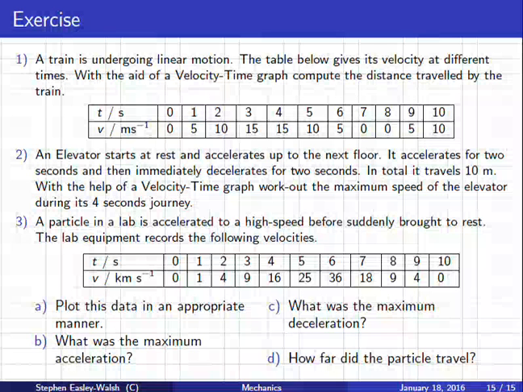Okay. Yep, like this. Title, my beautiful graph. Time in seconds and velocity in meters per second.